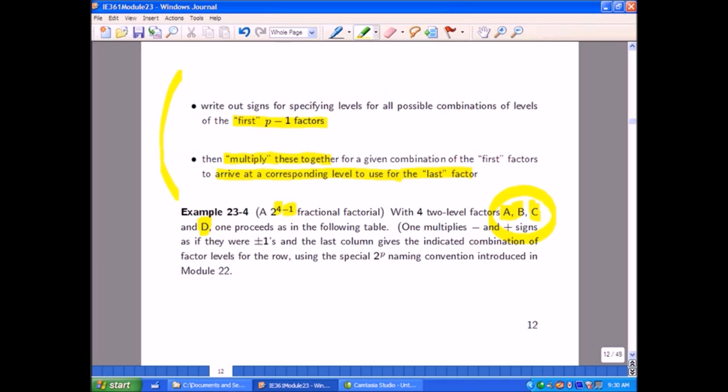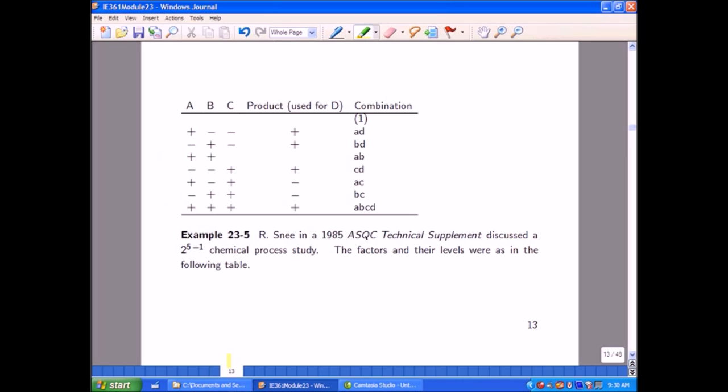I'm then going to multiply those signs together and use them to specify levels of factor D, this last factor. So here's how that proceeds. In this first row, I've got minus, minus, minus.